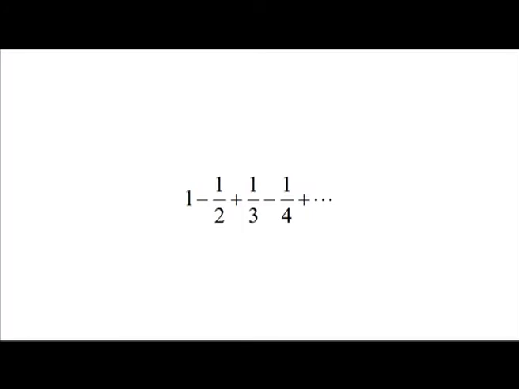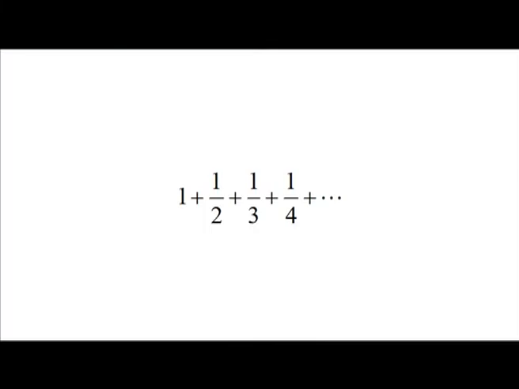The alternating harmonic series 1 minus 1 upon 2 plus 1 upon 3 minus 1 upon 4 plus etc. does not converge absolutely, as the corresponding series of absolute values is the divergent harmonic series 1 plus 1 upon 2 plus 1 upon 3 plus 1 upon 4 plus etc.